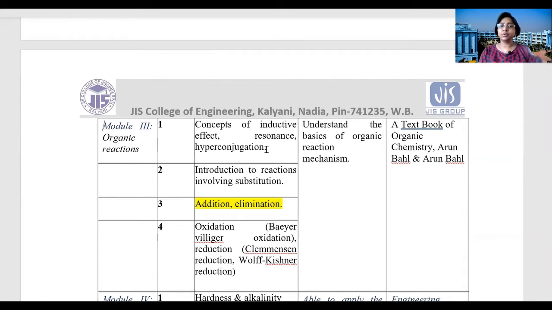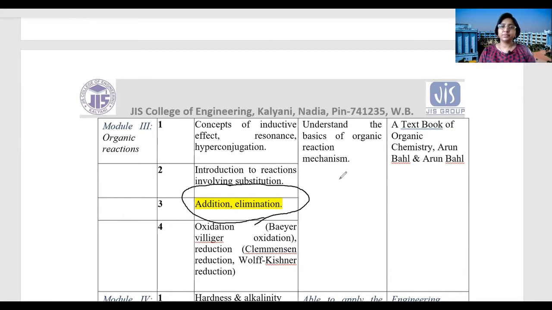The second one was the introduction to reactions involving substitution. And today I am going to tell the addition reactions and elimination reactions. So here it is already highlighted.